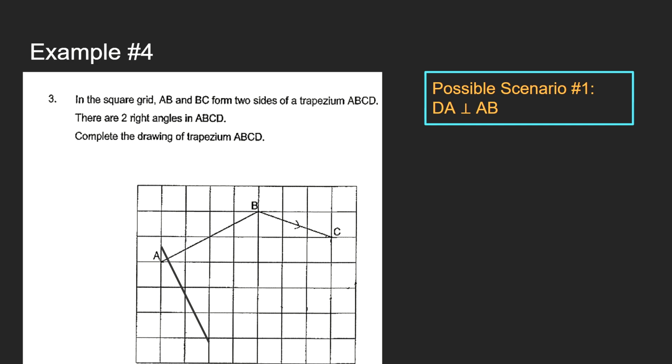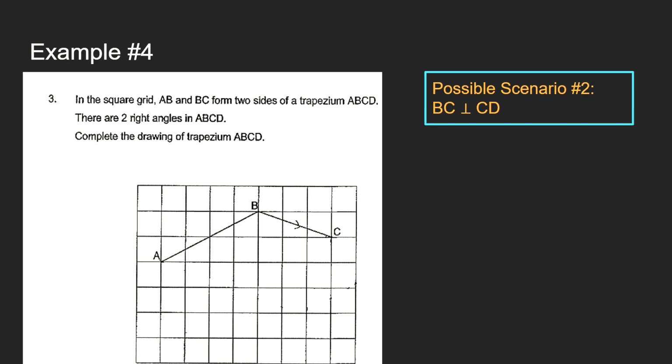To make a four-sided figure, you only have one choice: connect D to C. So we connect it, and it looks quite sus. Where's my right angle, and where are my parallel lines? So this is a wrong possibility.